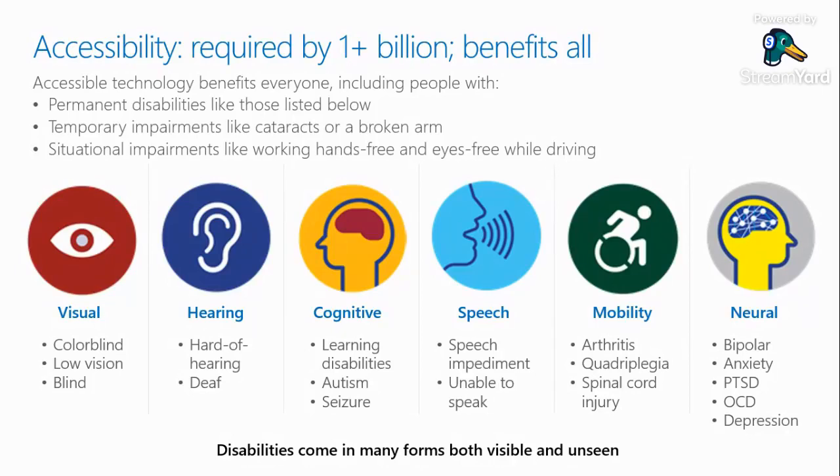Or it can be about the mind, like they are bipolar, they're experiencing anxiety, they have OCD, they are depressed. So how do we deal with all these kinds of needs?